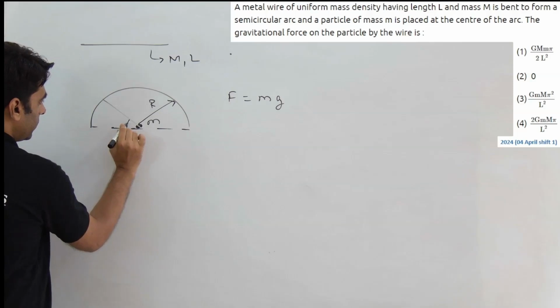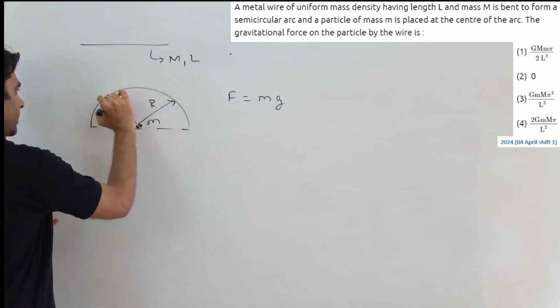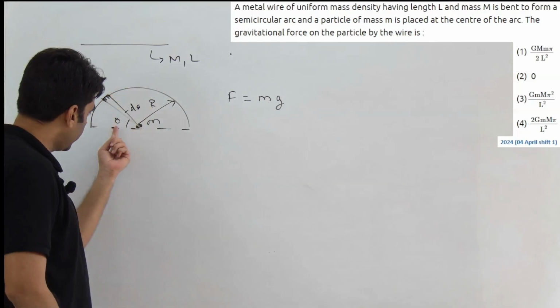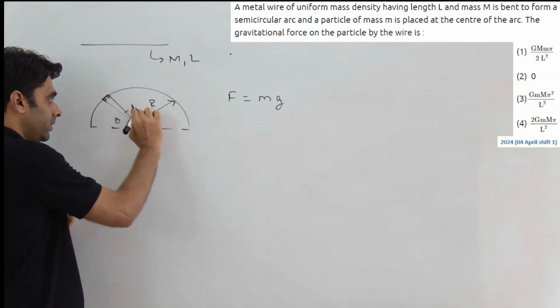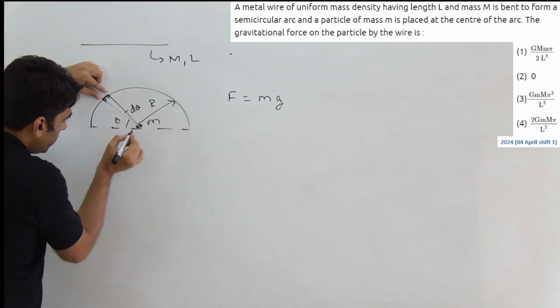at an angle of theta, I take a small element which subtends an angle of d theta at the center. Due to this small element, what will be the gravitational field direction?